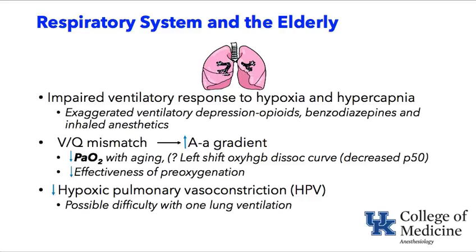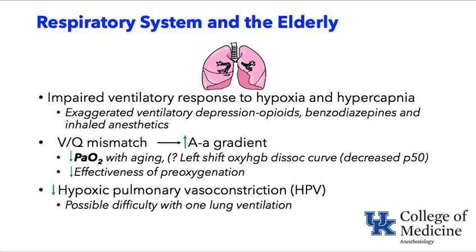Remember, the very young, like the neonates in utero, have a P50 in the teens, while the maternal P50 is greater than a normal 27, so that oxygen has a tendency to go from the mother to the neonate. Well, in the elderly, there may be a tendency to hang on to oxygen with a decreased P50 and less delivery to the tissue.